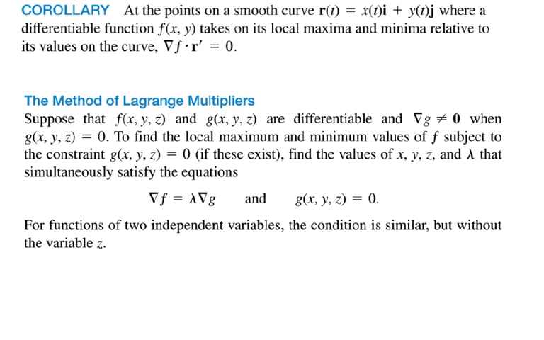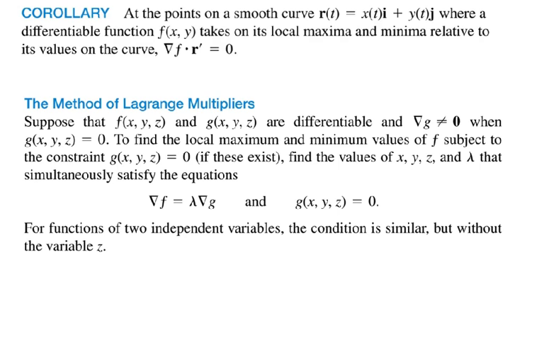Gradient of f equals lambda times the gradient of g, as well as that constraint function needs to be equal to 0. We have defined this for 3 variables, x, y, and z, but all of these properties still apply for functions of 2 variables. It's similar, you just drop off that third z.